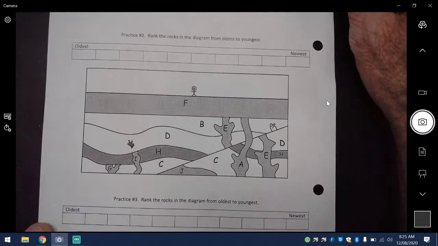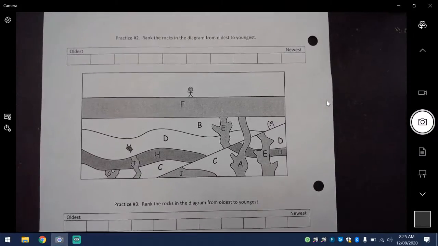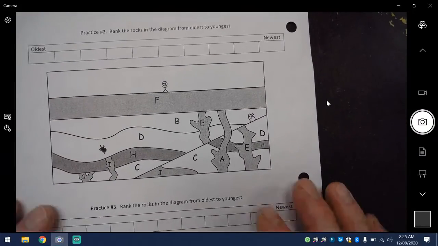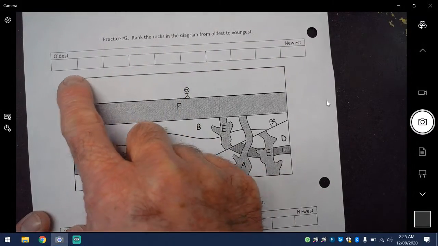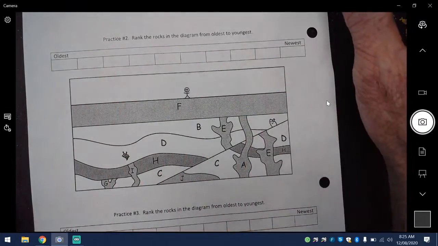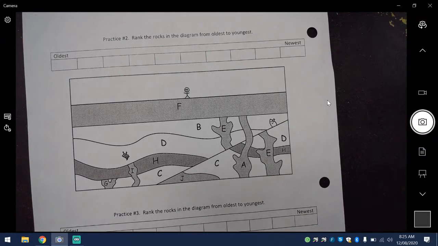I'm going to leave this right here right now, so anybody just looking at my screen can look at it. Anybody who doesn't have the paper, which is lots of you, just list oldest to newest, all these different layers. And as soon as you get it done and you want me to check you, I'll check you.